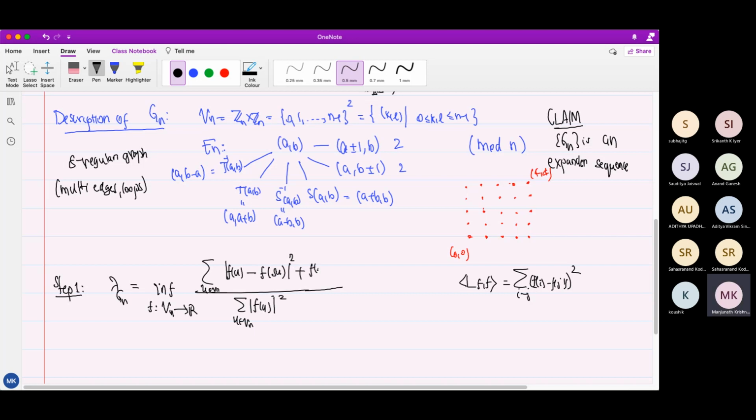But there is also f(u) minus f(T u) squared, because u is connected to S u and also to T u. Also f(u) minus f(u plus e1), where e1 is (1, 0) and e2 is (0, 1), the coordinate vectors.